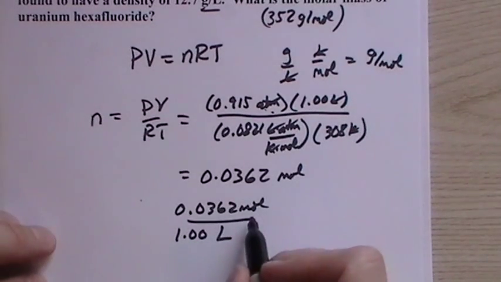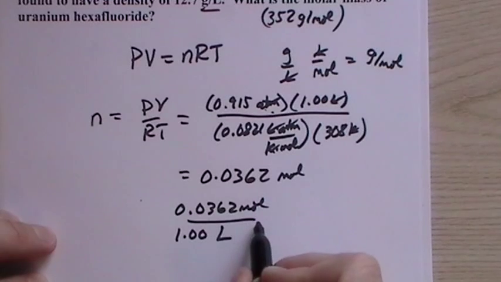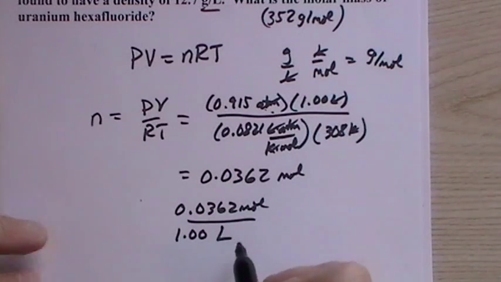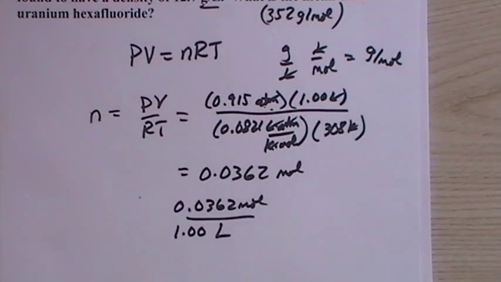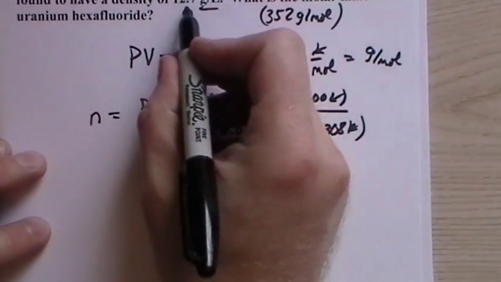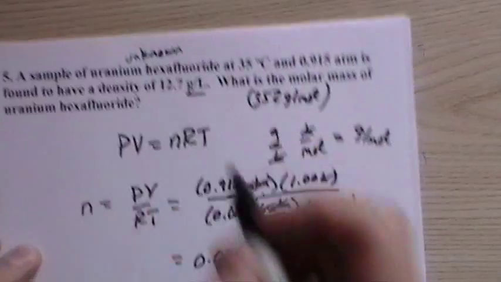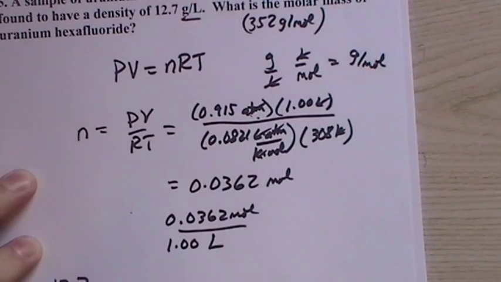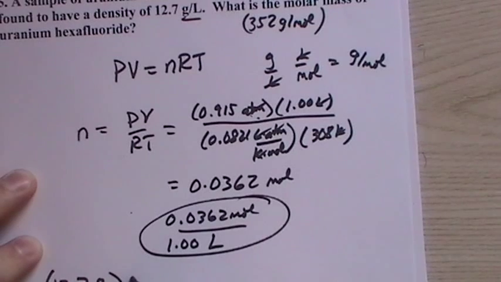Now, if we knew the molar mass, we could do like we did in problem 3 and convert this to grams per liter. We're going to assume that we don't know the molar mass, but since we have the density given up here, we just take 12.7 grams per liter. We take this as our conversion factor. We flip it.